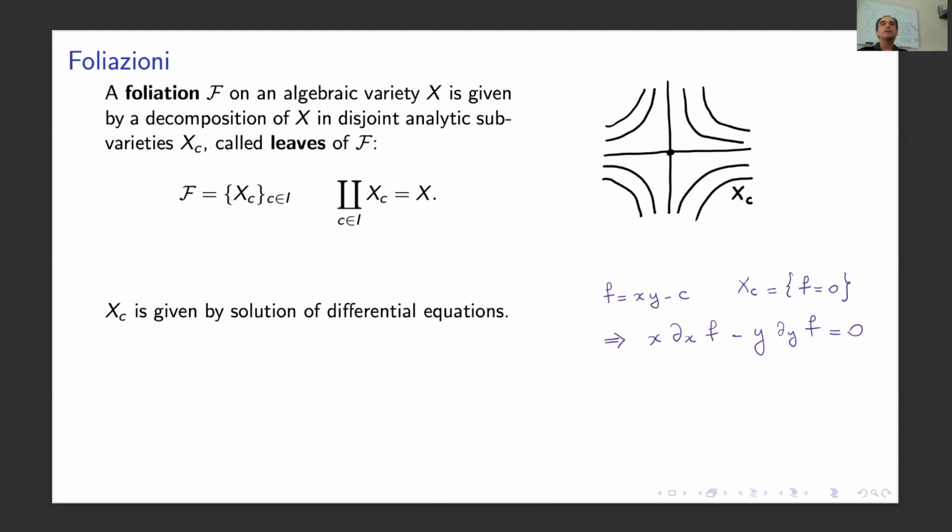So each of these varieties can be thought of as the solution of some differential equation. For instance, let's consider this particular picture that we had before. Let's fix a constant C. C is a number, a complex number since we're working with complex numbers. And let's consider the function xy minus c. Each of these curves corresponds to the curve given by this, which is algebraic.